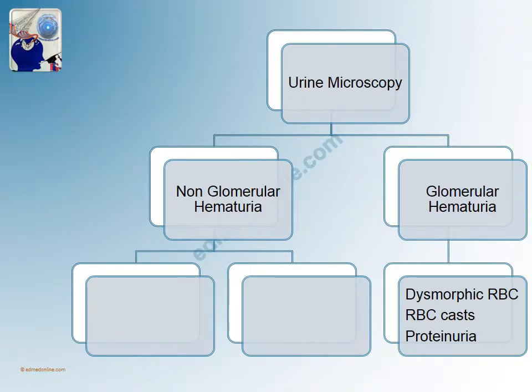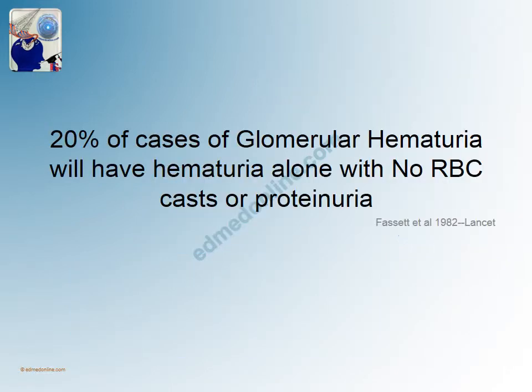The glomerular causes of hematuria will have presence of dysmorphic RBCs, RBC casts and proteinuria. While non-glomerular hematuria could be on account of a medical cause, which is because of a tubular interstitial disease, or because of a surgical reason.